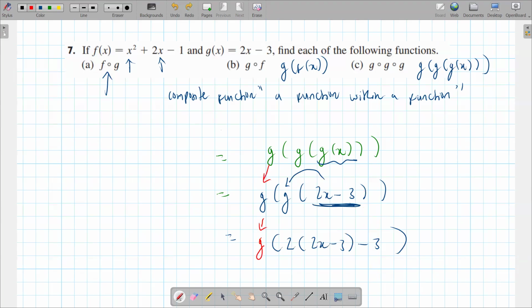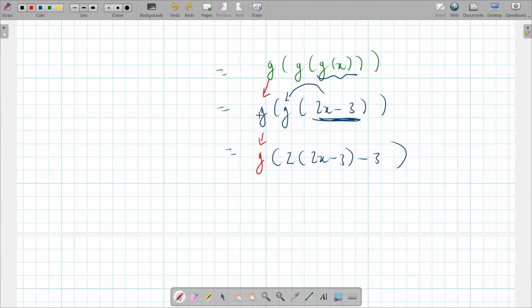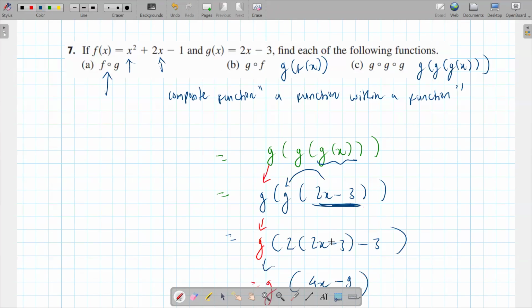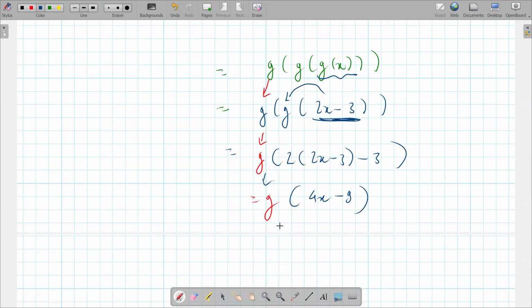Let's clean it up before we plug it back in. So this becomes g, still on the outside, of 4x minus 6 minus 3, so that's going to be 4x minus 9. And then for the final step, you're going to plug 4x minus 9 in here as x, because the function is still g. 2x minus 3 it is, right?